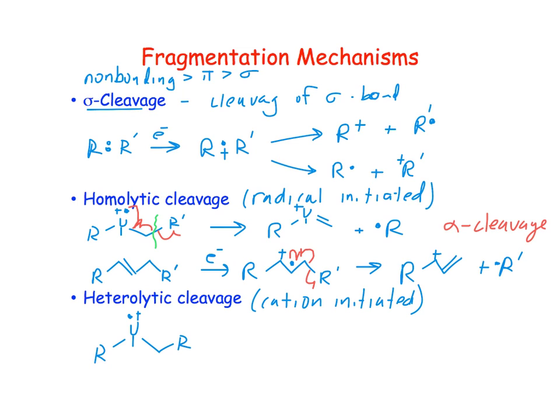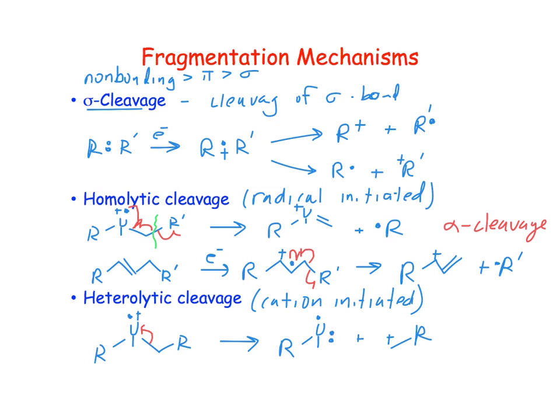Okay, so it's going to be the bond adjacent to that heteroatom which is broken, and it draws the electrons towards the plus. So if we do this, we end up with Y. We had a radical there, stays there, and we have a new pair of electrons there. So this side is now the radical plus a cation over here. Okay, so in this case, the cation doesn't stay with the heteroatom.